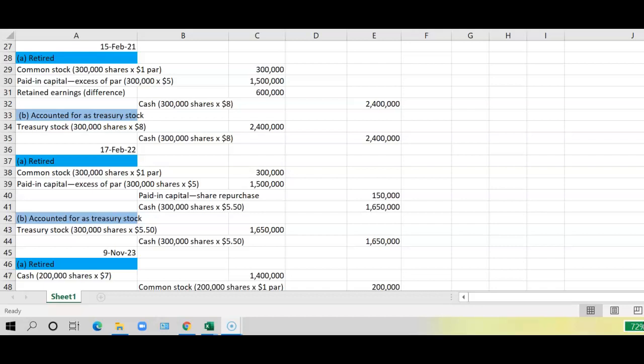First, I'd like to read the problem. It's National Supply shareholders' equity included the following accounts on December 31st. So they are giving our shareholders' equity section the common stock, at par, is $6 million.